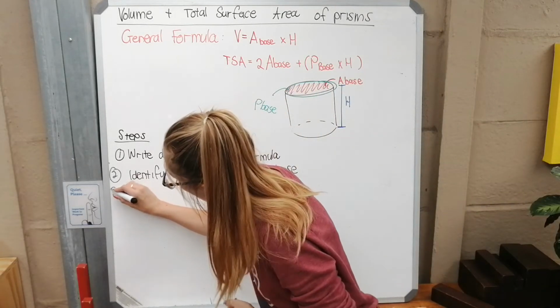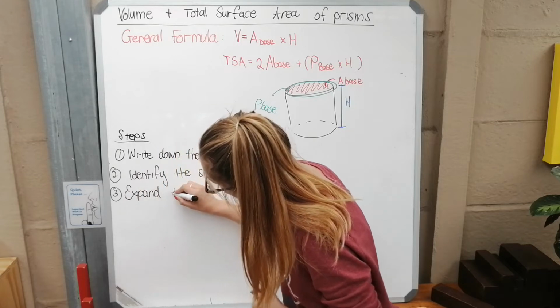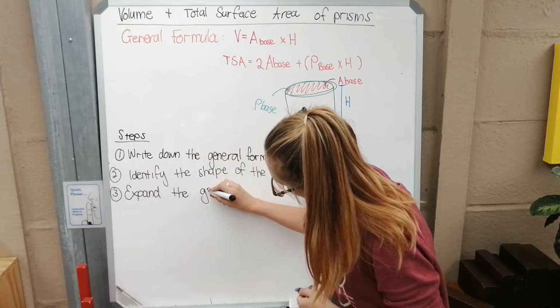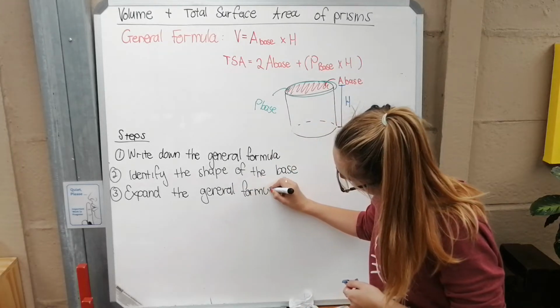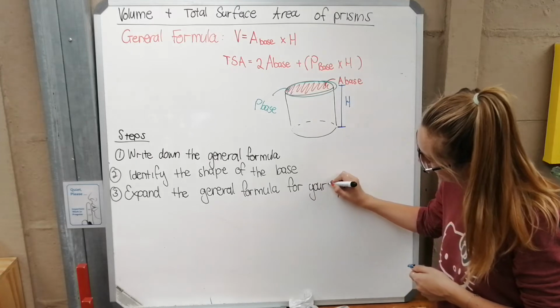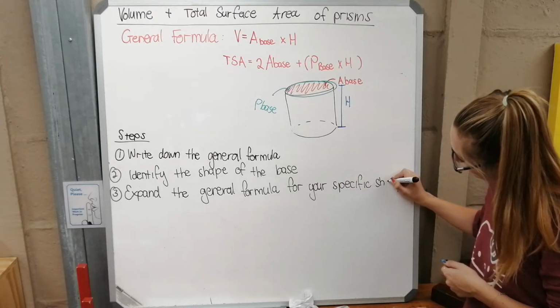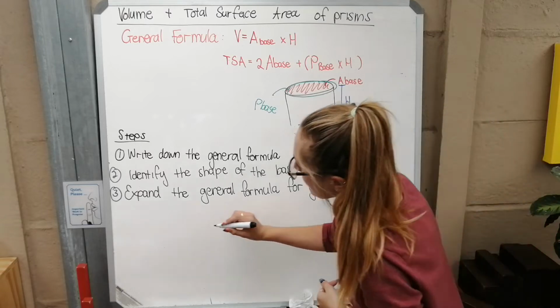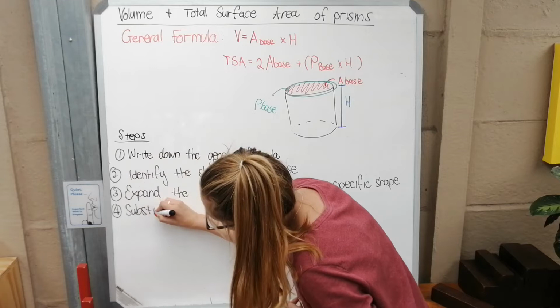Step 3, and I'll show you how to do this, you expand the general formula for your specific shape. Okay, step 4, you substitute in your values.